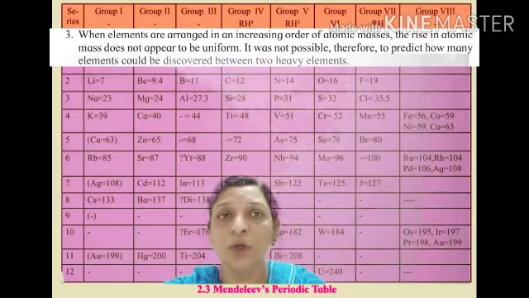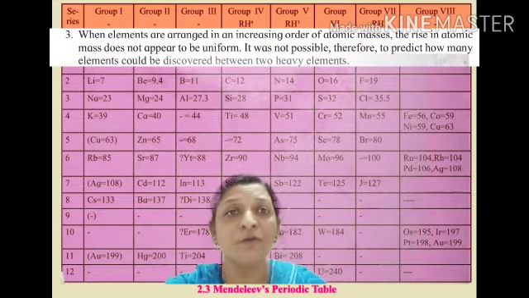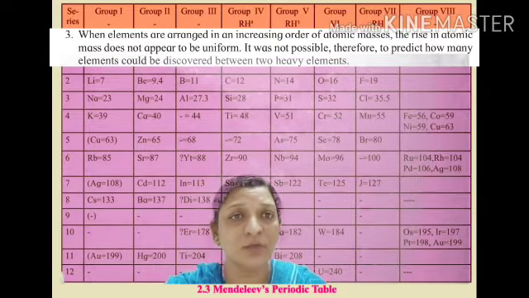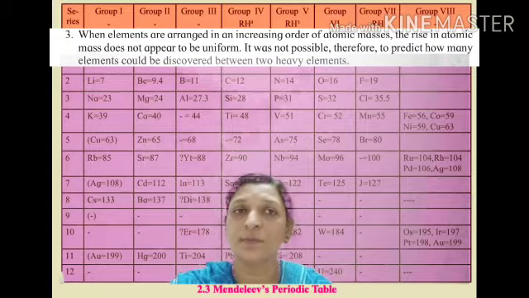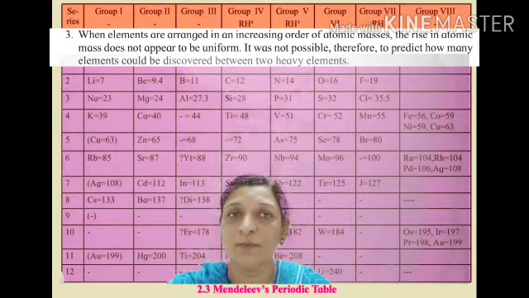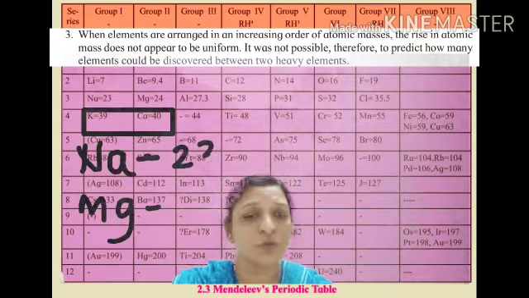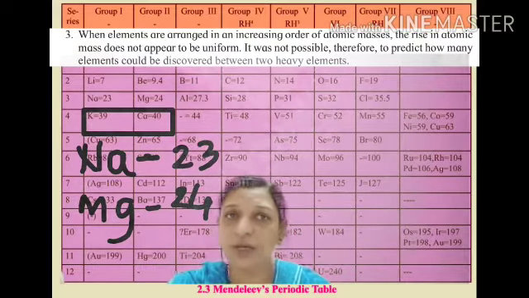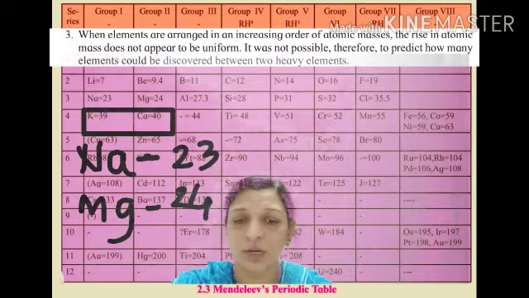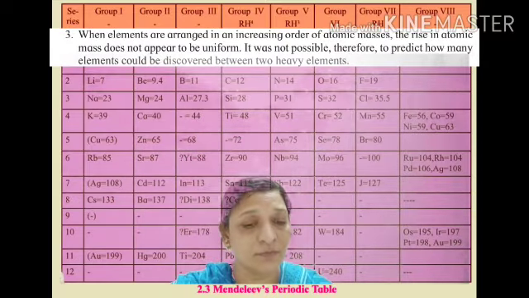Means between the two elements, the difference of atomic mass, some places was less and some places it was more. For example, the difference between atomic masses of sodium and magnesium. Sodium has 23 and magnesium has 24. Right? This is very less difference.